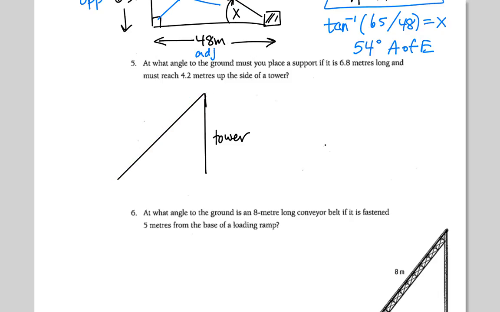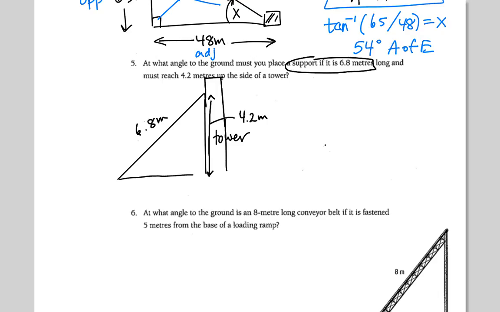And they say the support is 6.8 meters long, and it must reach 4.2 meters up the side of the tower. So here's the tower. This distance is 4.2 meters. And we make our right angle triangle like this.